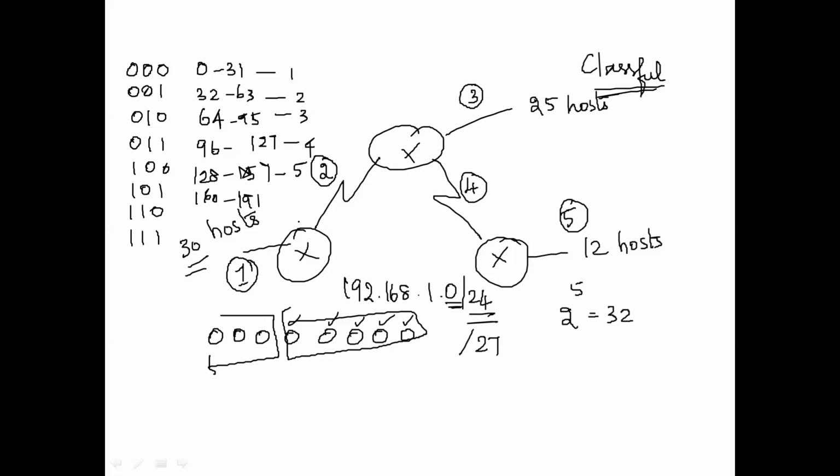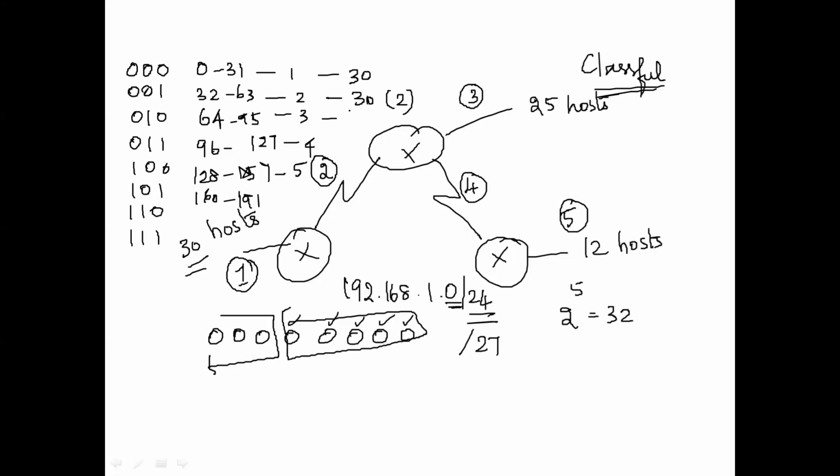The trouble with this type of addressing is that here I'll get 30 IP addresses apart from the network address and the broadcast address. But here again, I'll get 30, and my requirement is only 2. So 28 of my IP addresses are wasted.